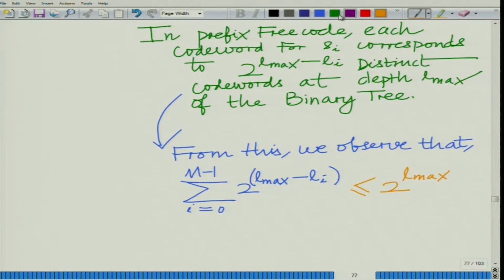Since 2 to the power of L max is the maximum number of nodes possible at depth L max.